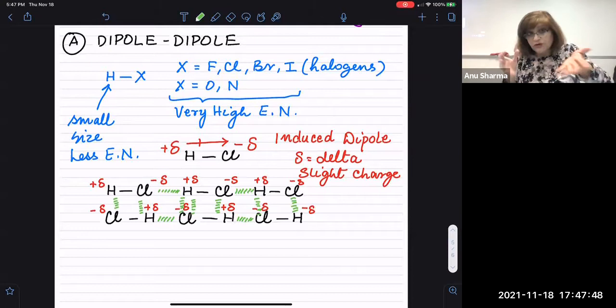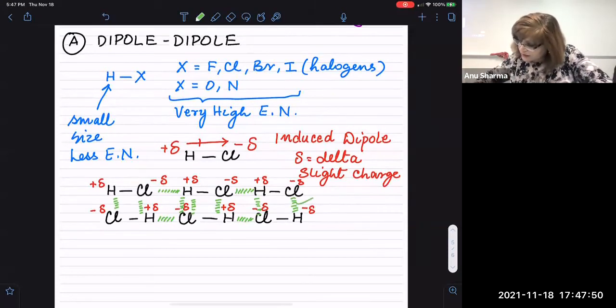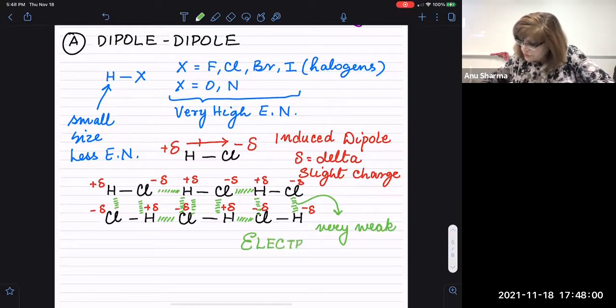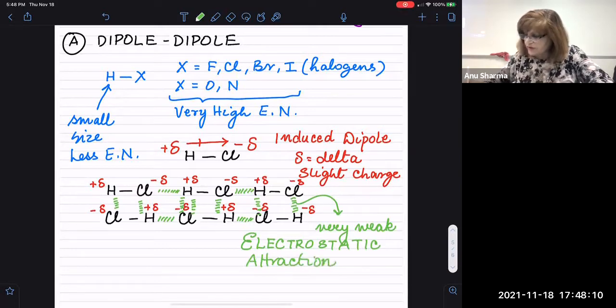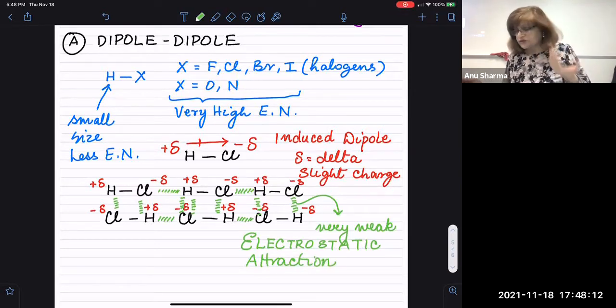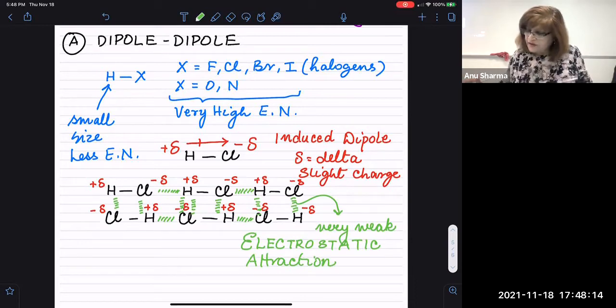So it's just like a whole network. Even if it's a very weak attraction, it's called a weak electrostatic attraction. It still exists. That gives the texture and the feel of HCl, how it looks. So that's the deal with this thing.